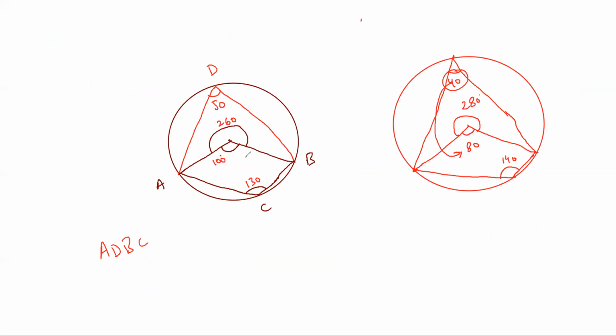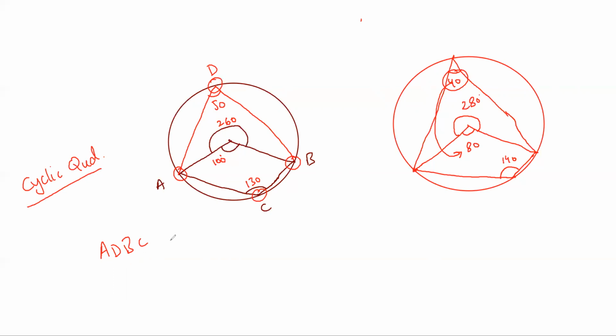Yes. So when you have a quadrilateral in such a way that all the vertices are on the circumference, then it is called a cyclic quadrilateral. Why is it cyclic? Because all its vertices are on the circumference.